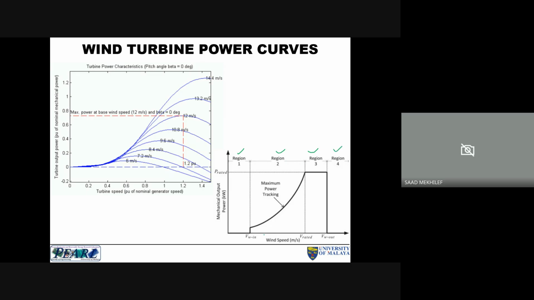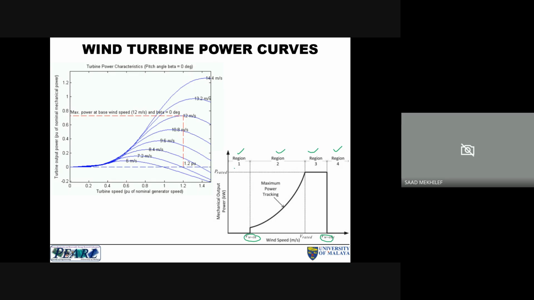As I mentioned before, the x-axis is the velocity, or the speed. So we have V cut-in here, and then here we have V cut-out. And here we have the mechanical power.